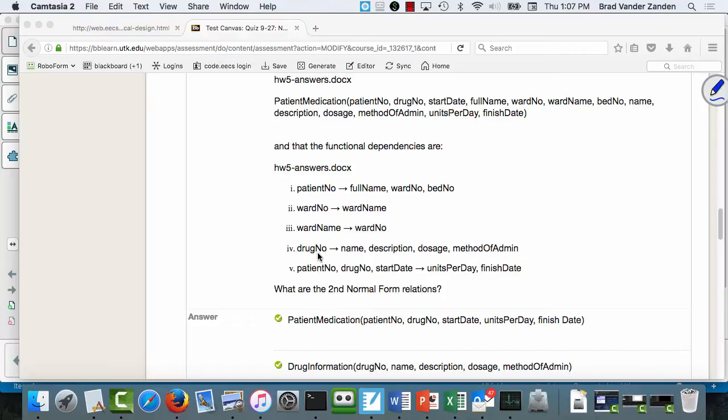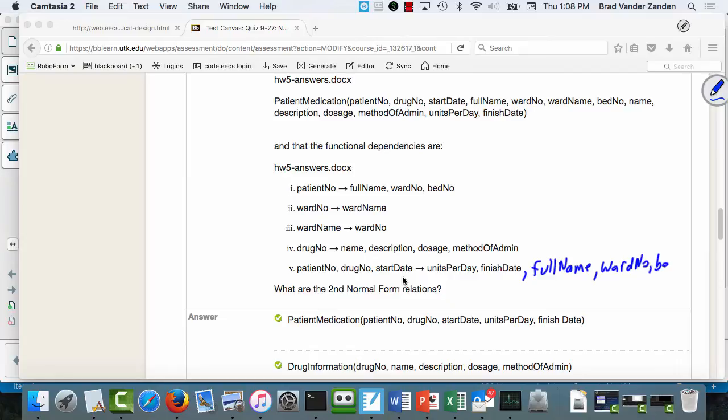The book first says that a partial dependency is one where the left-hand side has too many attributes. Like this one, it would say patient number, drug number, start date is also determining full name, ward number, and bed number.